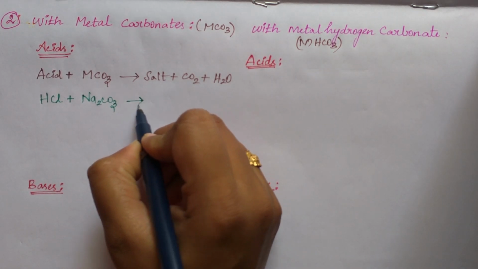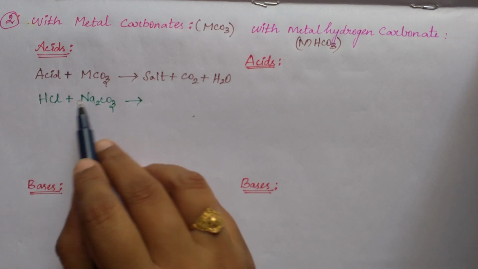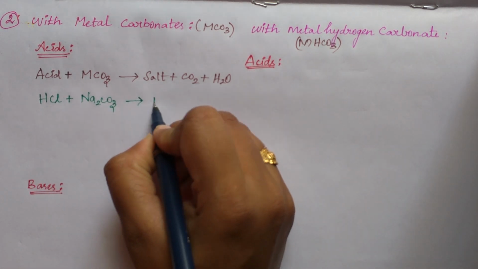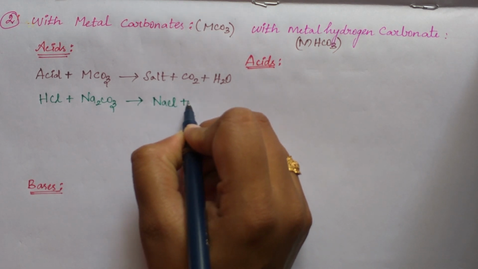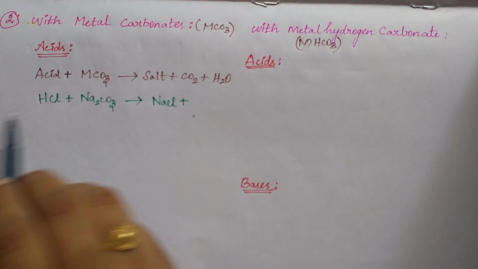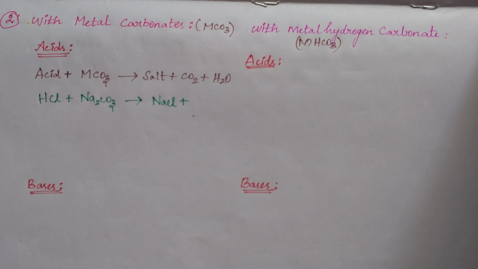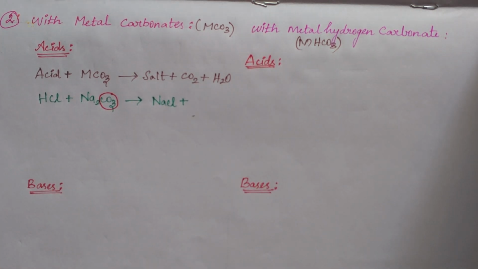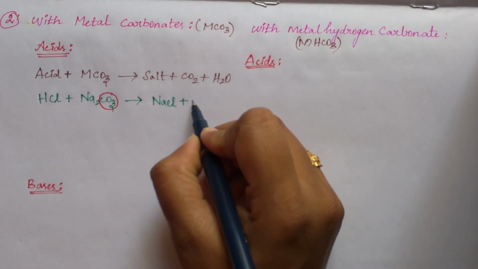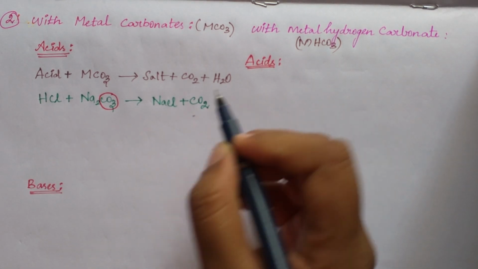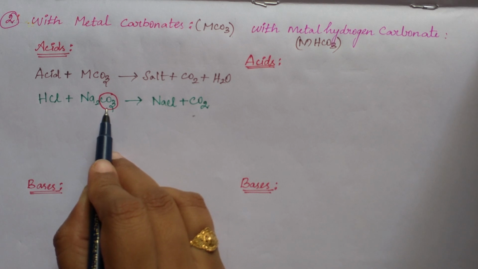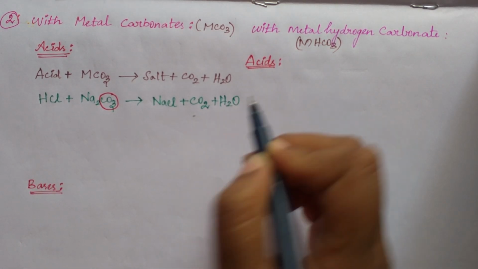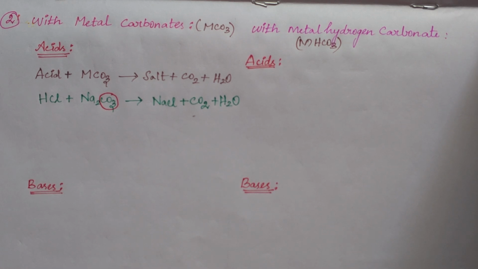When sodium carbonate and HCl react, it produces a salt, NaCl, plus from CO3, CO2 will come out. One oxygen is there, and that reacts with hydrogen and produces water.